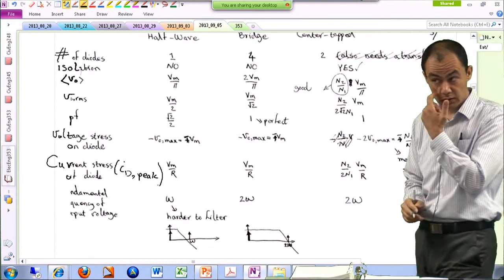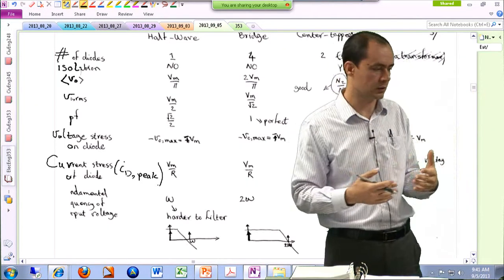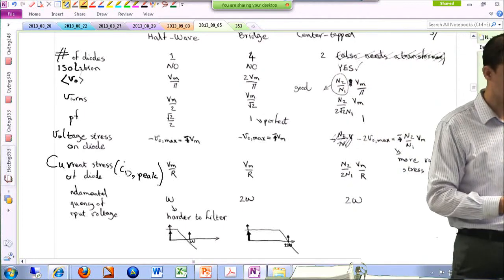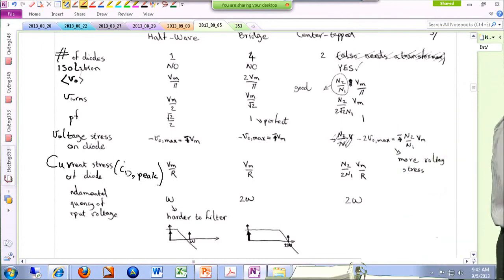Okay. First topology is Vm over R, assuming that all of these converters are providing power to a resistive load. Second topology the same, and third topology is just N2 over 2 and 1 involved. And the final row is the fundamental frequency of the output voltage.